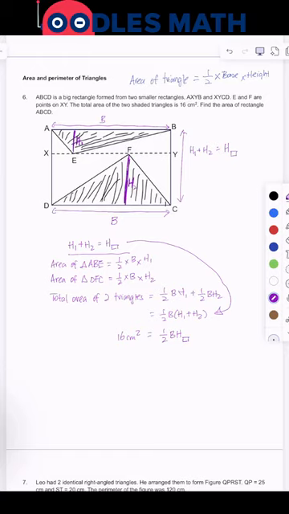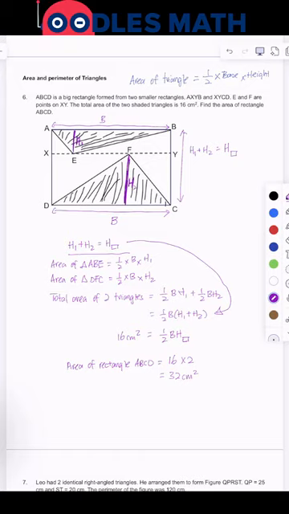So therefore, to find the area of the rectangle ABCD, all I need to do is to take the area of half of it, the two triangles, I multiply by 2, and therefore I get the area of the whole rectangle ABCD to be 32 square centimeters.